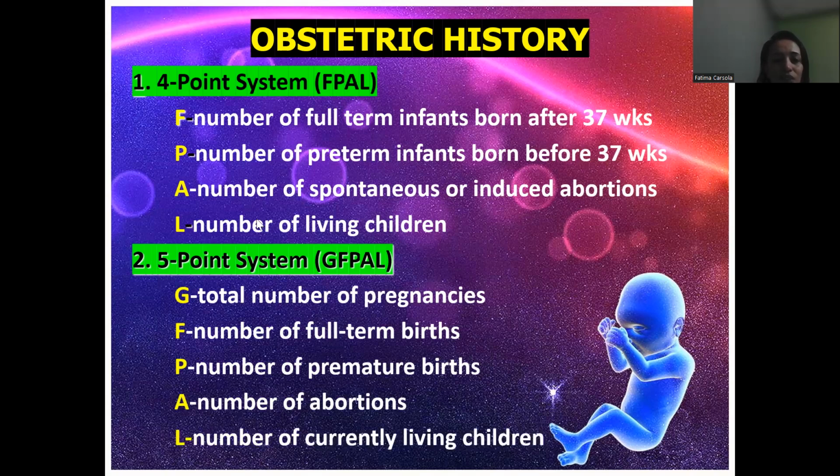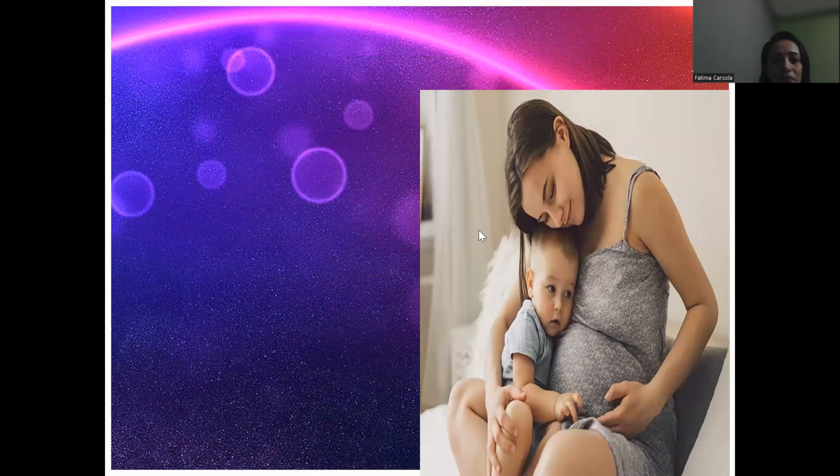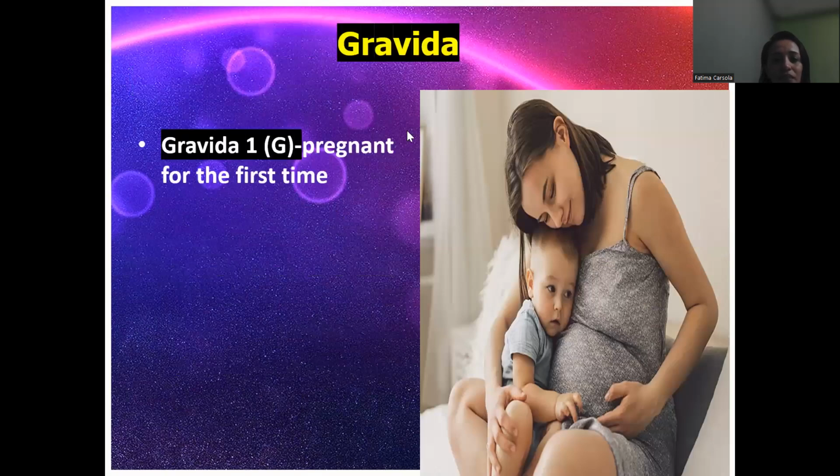As you see, the meaning of the 4-point system, the FPAL, and the 5-point system, the GFPAL, is the same.